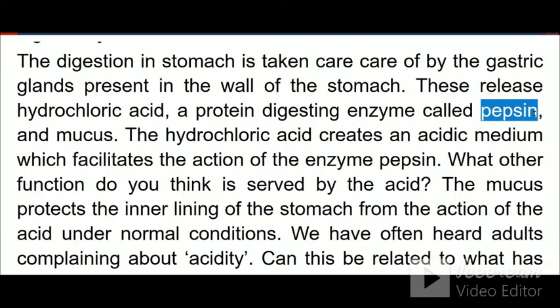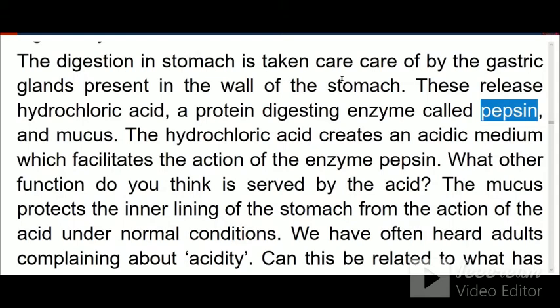If there is no acidic medium in the stomach, the pepsin won't activate and won't digest protein. Secondly, all the things that we eat are not completely made for our body. Sometimes we eat unhealthy food also which contains pathogenic bacteria. That bacteria is killed by hydrochloric acid. So hydrochloric acid has two functions.